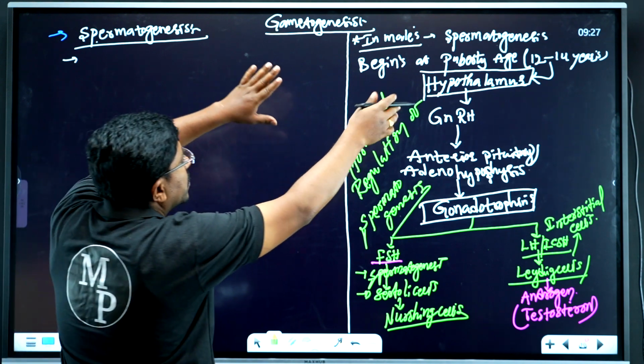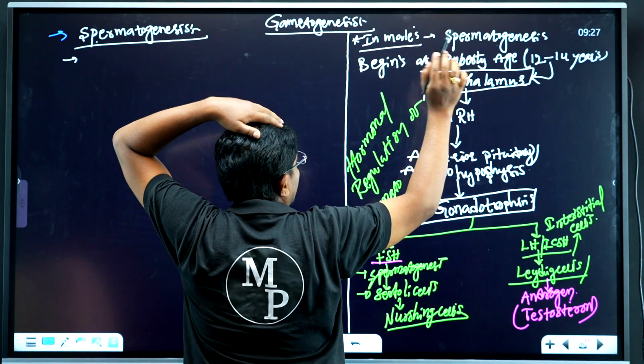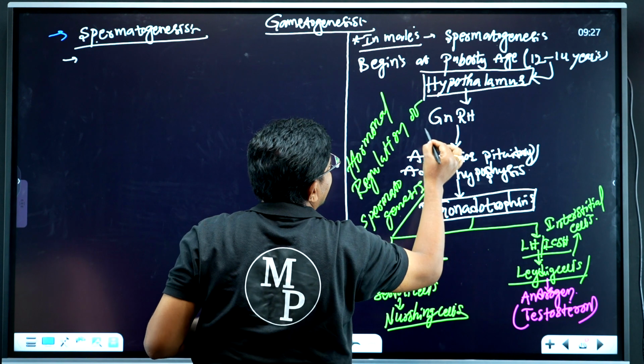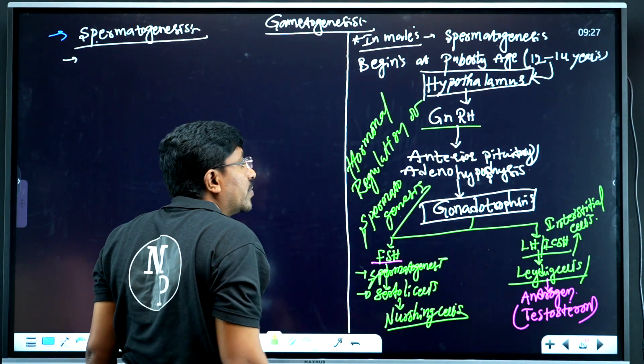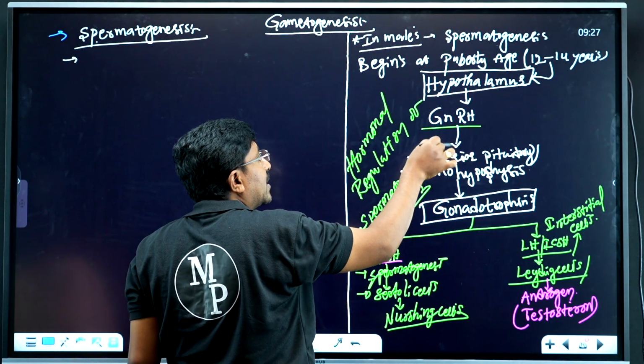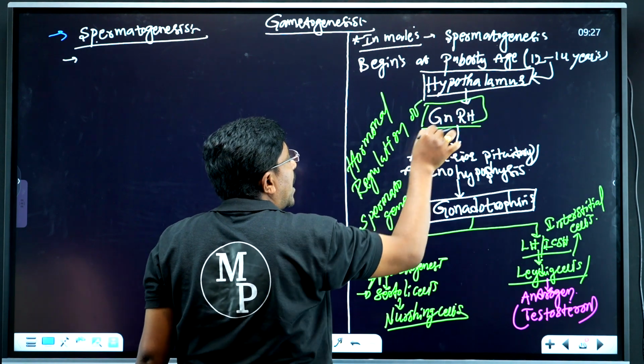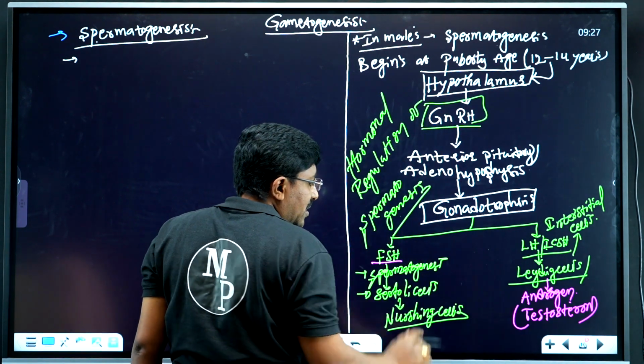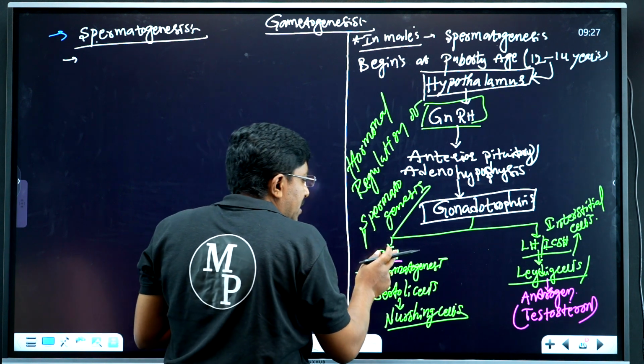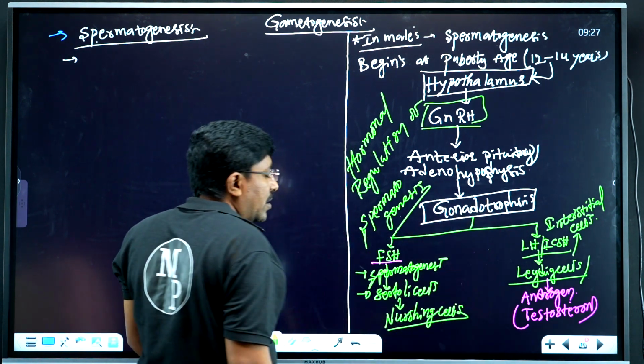So at the puberty age, the hypothalamus releases the gonadotropin releasing hormone, and the anterior pituitary, stimulated by this hormone, releases two types of gonadotropins, FSH and LH.